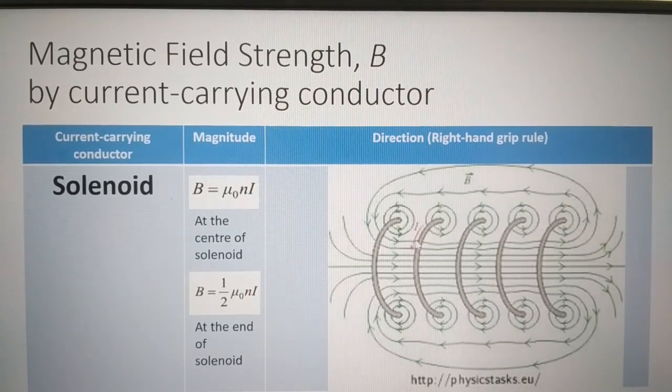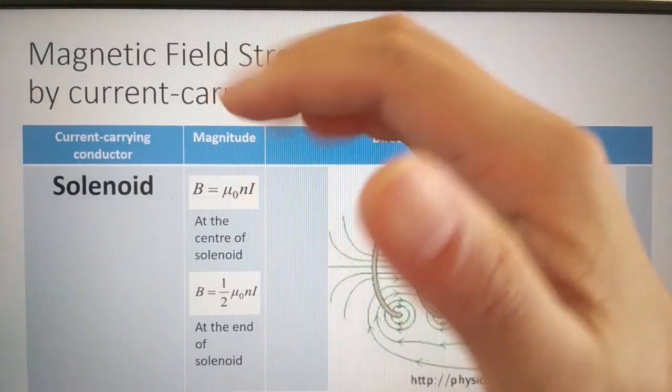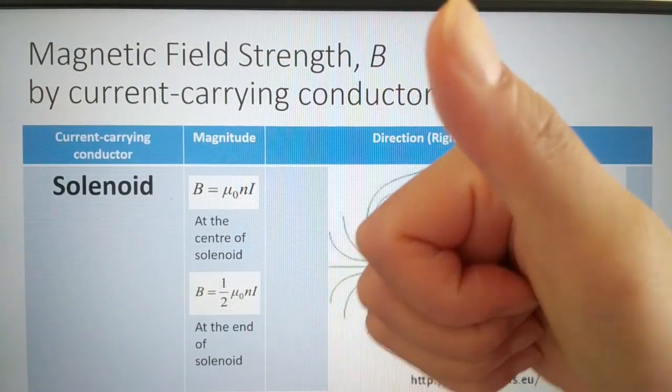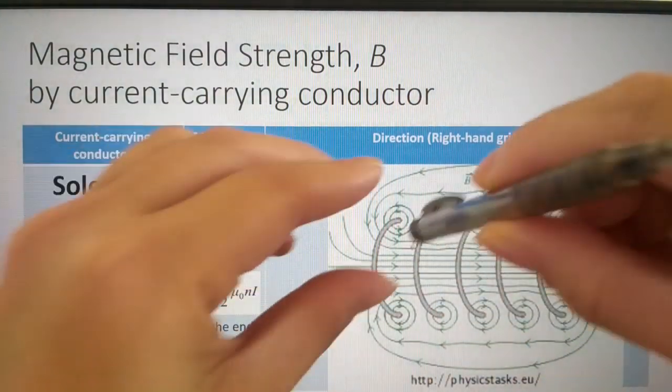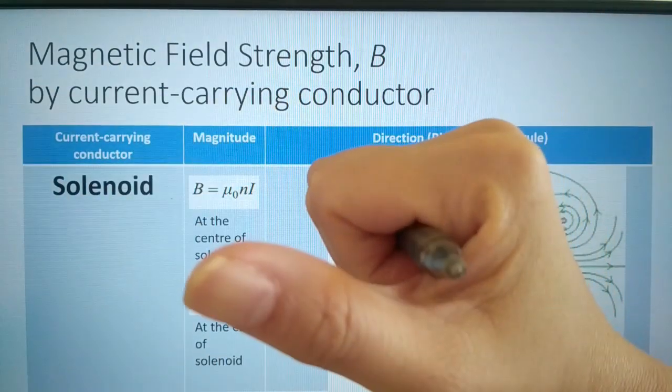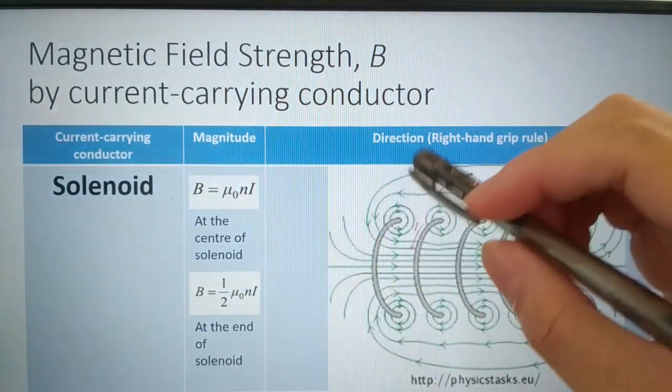The current is flowing out of this point here and into this point here. Let's take a look at this point where the current is flowing out of the page. How do you use the right hand grip rule in this case? Again, use your right hand grip rule, but now your current is flowing out of the page at this point here.